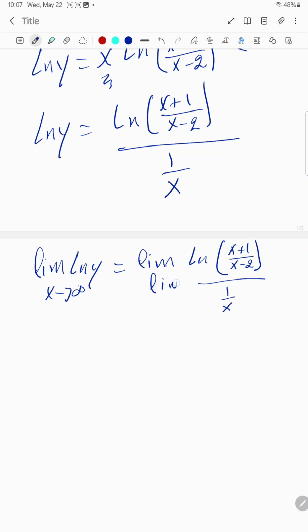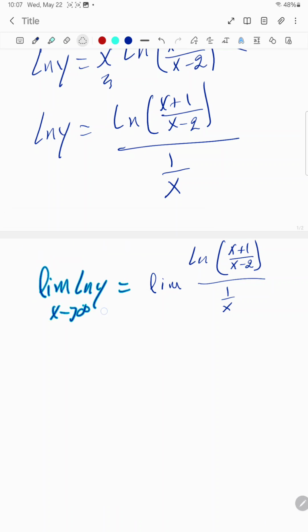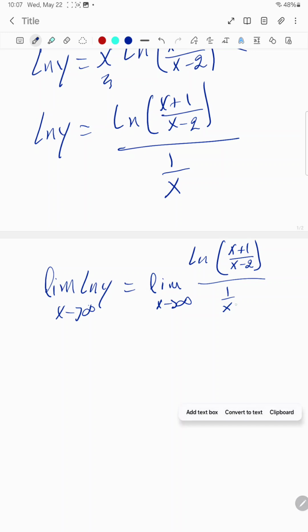I will write the limit here because it has to be in the middle. When x goes to infinity, 1 divided by infinity here goes to 0.